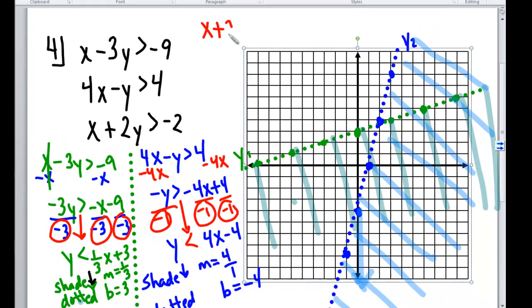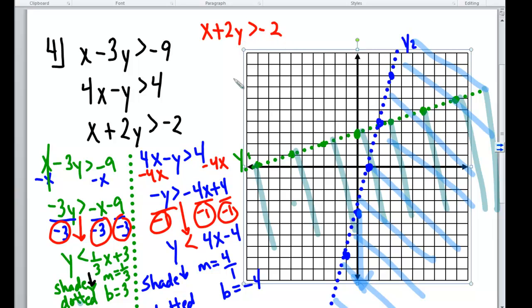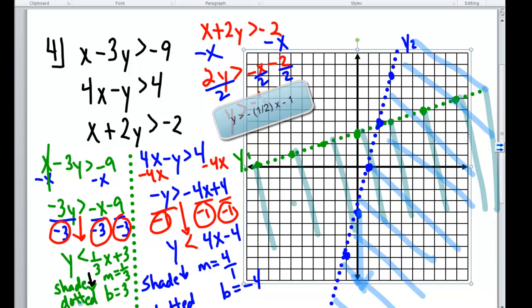is x plus 2y is greater than negative 2. Subtract x from both sides. And 2y is greater than negative x minus 2. Divide by 2. And y is greater than negative 1/2 x minus 1.